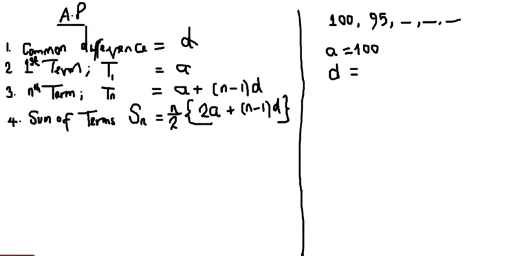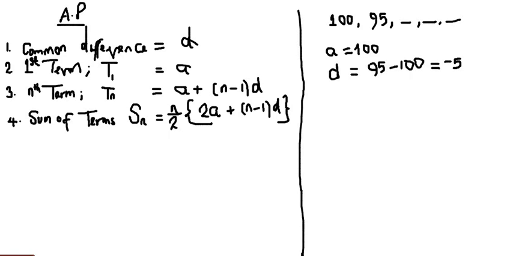Since the first term is 100, the second term is 95, we start with the term on the right and subtract the term on the left, meaning we'll say 95 minus 100. That will give us -5. So our common difference is -5.